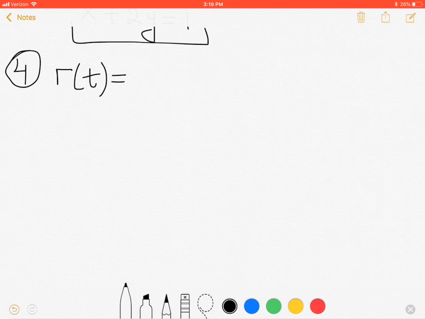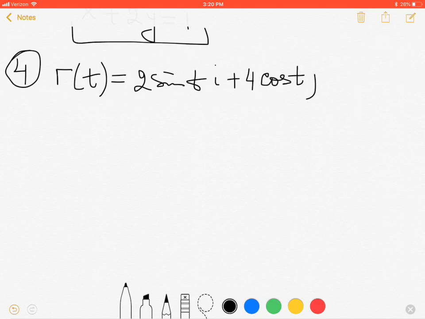It will be r(t) = 2 sine t i plus 4 cosine t j at point t equal pi over 6, and we need to find the unit tangent vector.